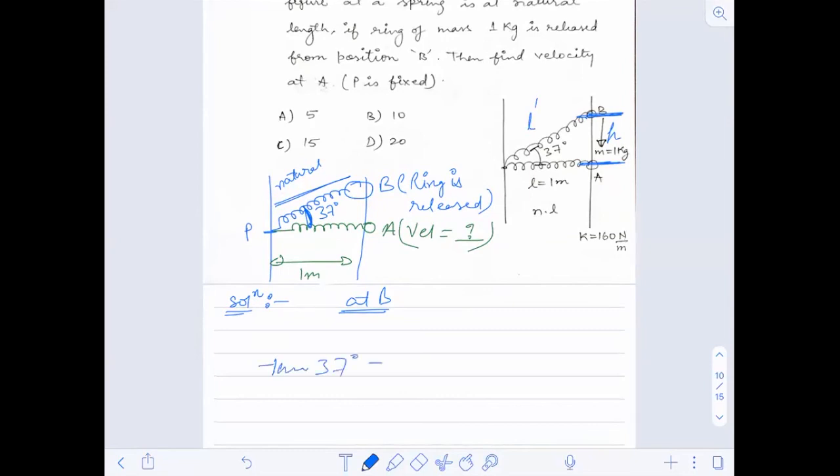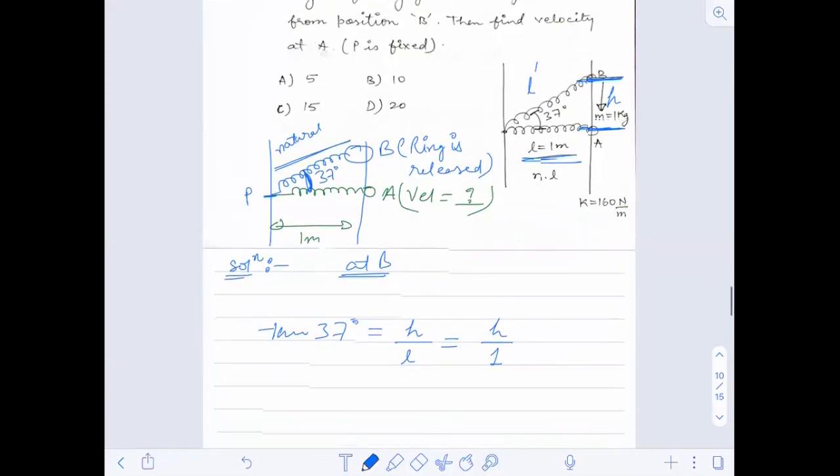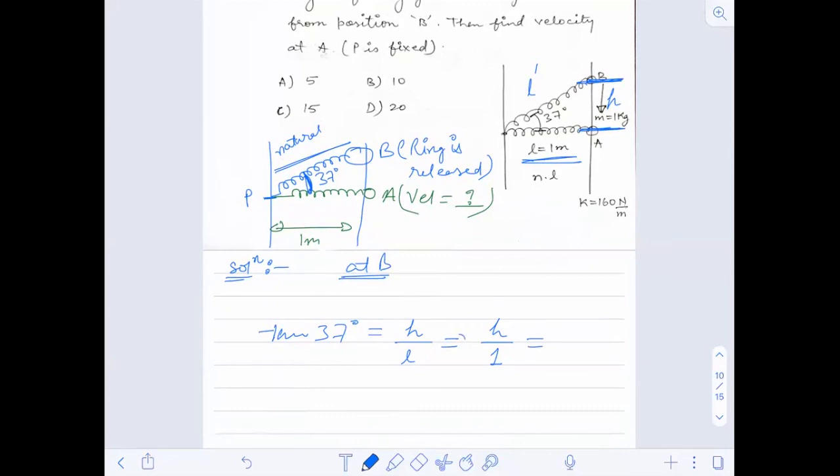So tan 37 will give me H by L. This L is 1, and tan 37 is 3 by 4. So the H value I have got is 3 by 4. So the height the ring of mass M falls is 3 by 4.